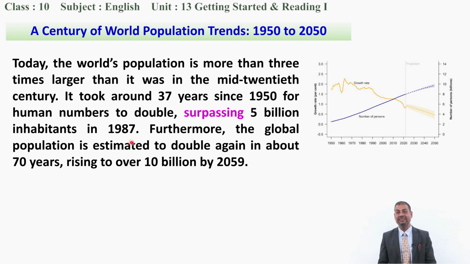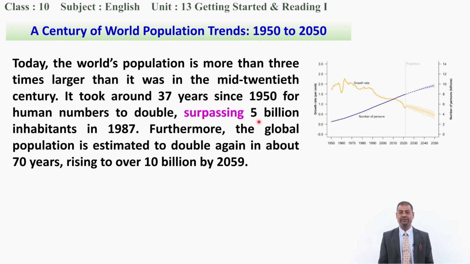And in 1987, furthermore, the global population is estimated to double again. Now, in about how many years? In 70 years, it would double again, it is estimated double time. So, population is going on here, rising to about 10 billion by 2059.